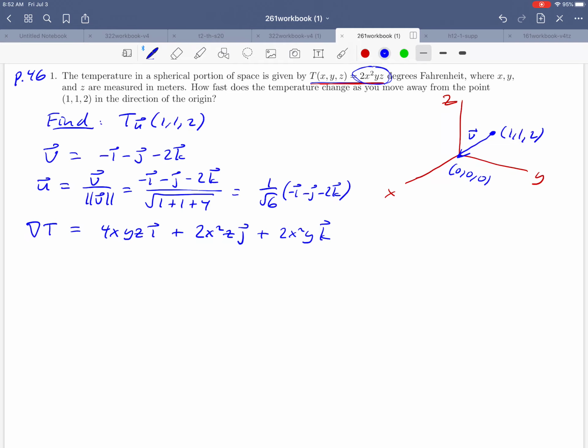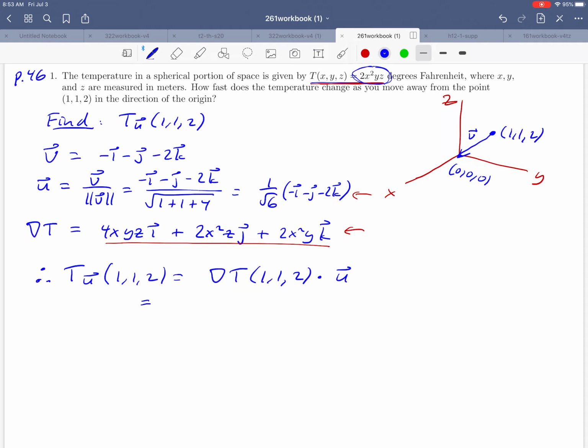All right, so we have the two pieces that we need to find a directional derivative. Let's go ahead and do it. The directional derivative of T in the direction of u at the point (1, 1, 2) is the gradient vector at the point (1, 1, 2) dotted with u. To get the gradient of T at (1, 1, 2), we jump back up to this formula and substitute in 1, 1, and 2 for x, y, and z.